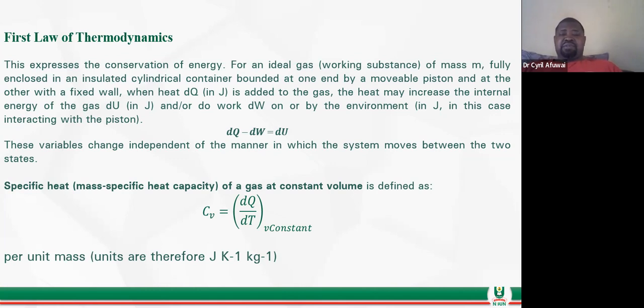So Q minus dW is equal to the internal energy. Now we can make the work done, dW, the subject of the equation. So dW will now become Q minus the internal energy, U.